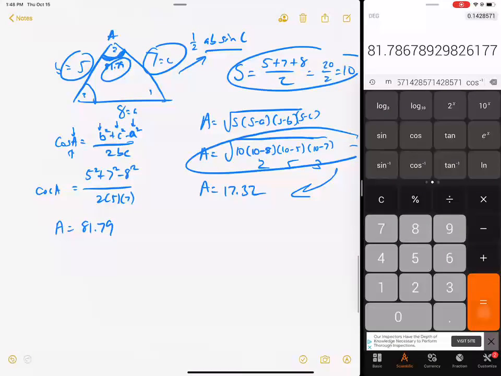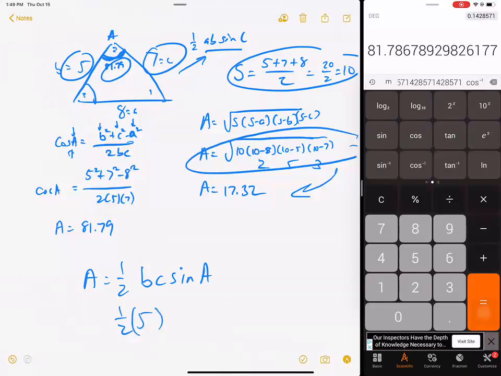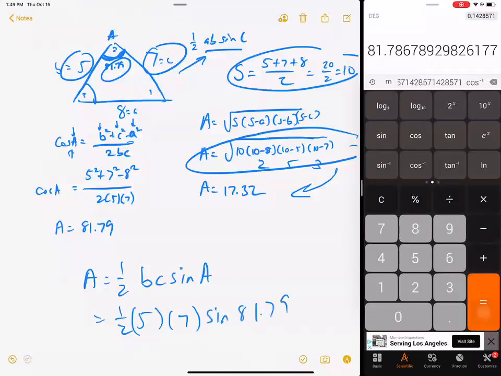So we're going to say area is equal to 1/2 AB sine. Oh, in this case, I'm not using A, I'm using B, C, sine angle A. So if I copy, our B looking here is 5. Our C is 7. And the angle between them is sine of 81.79. This is just all calculator work now.